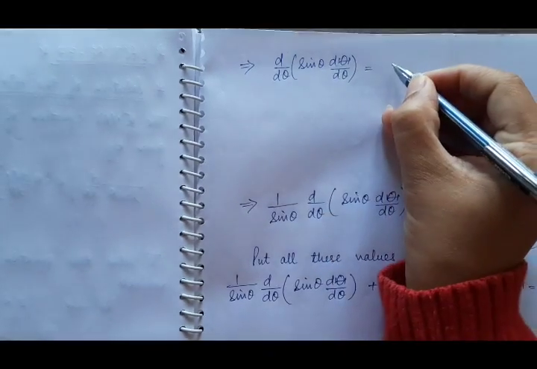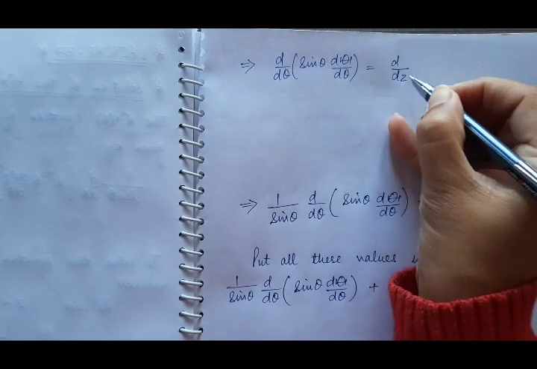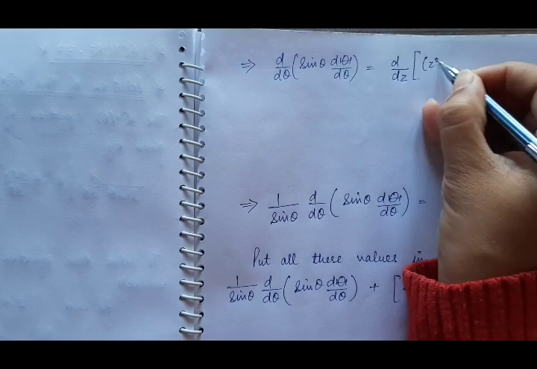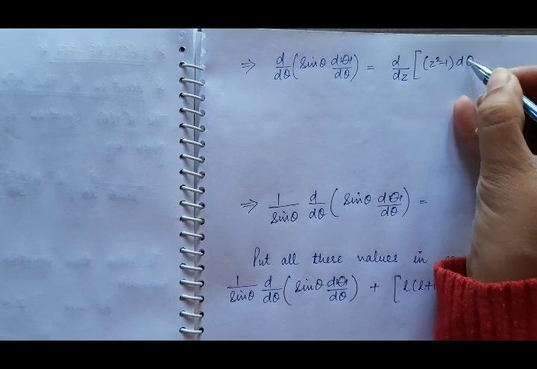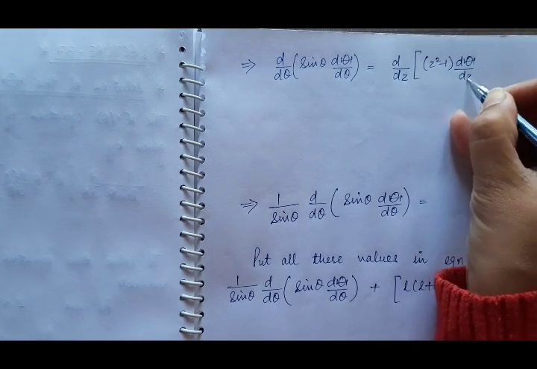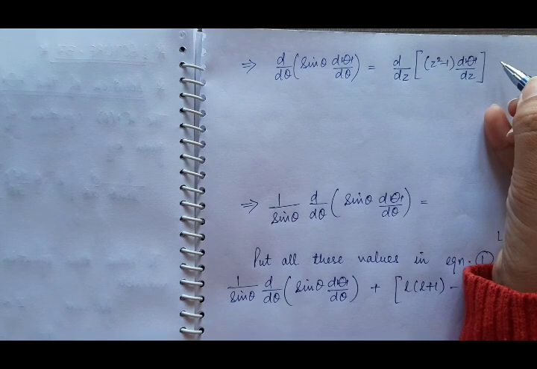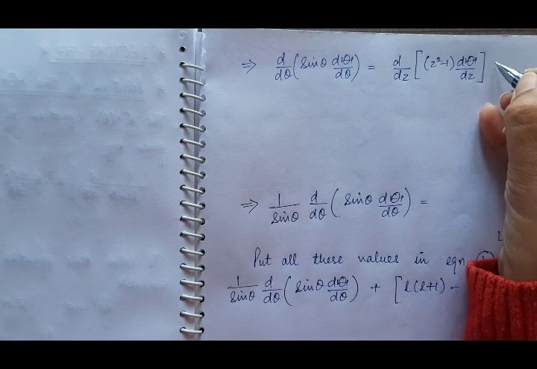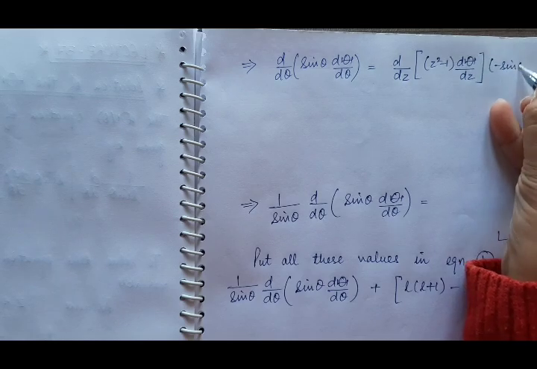So now this is equal to d by dz of z square minus 1 into d theta by dz, into dz by d theta, which is minus sin theta. So here we will have minus sin theta.